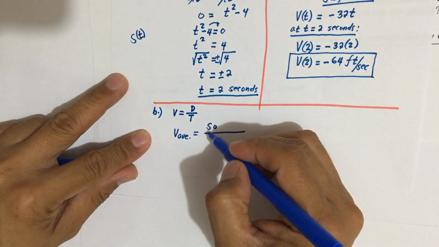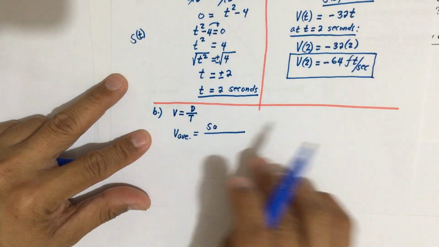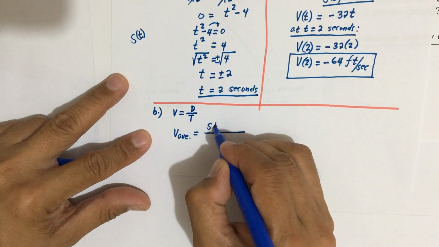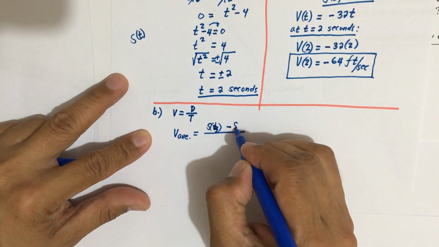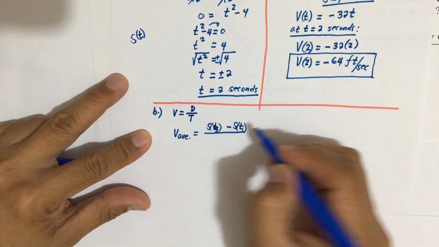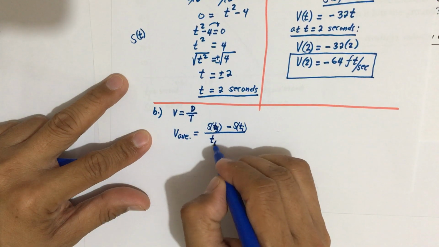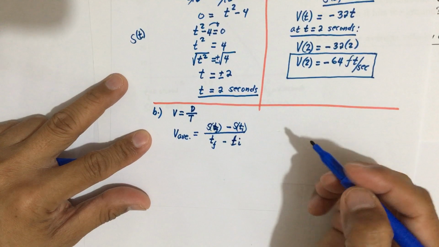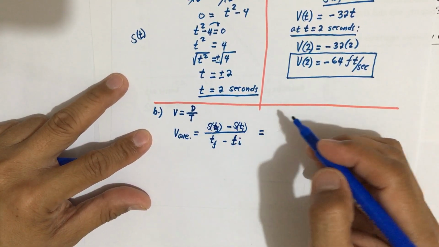In this case our t is in terms of final, because we start with final minus initial. So s of tf minus s of ti, then divided by t final minus t initial.